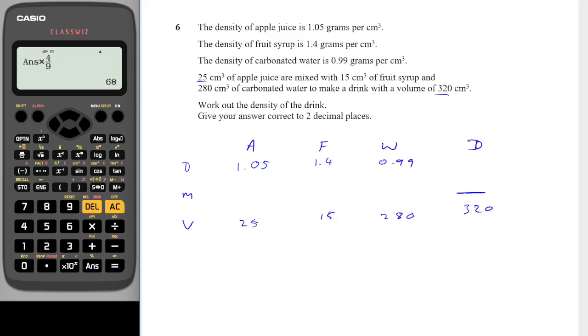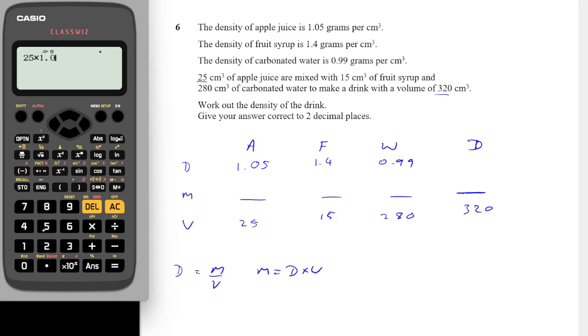The masses of these are going to be found by multiplying them, because if density is equal to mass divided by volume, then mass is going to be equal to density times volume. So I'm going to work out these three masses and add them together to find the total mass of the liquid. So 25 times 1.05 is going to give me 105 over 4. 1.4 times 25 is going to be 35.